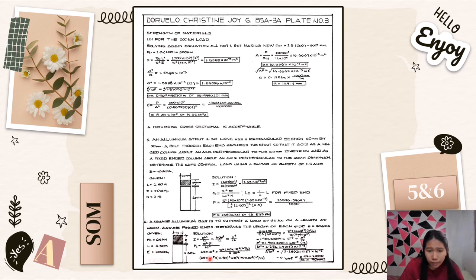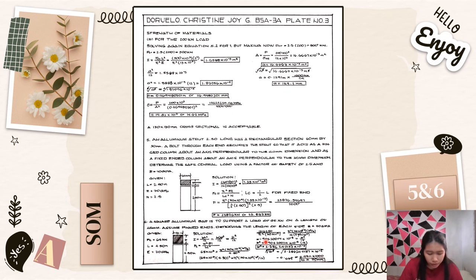So 65 times 10 raised to 3 is equal to pi squared times 70 times 10 raised to 9 times B raised to 4 all over 12 all over 4.50 squared. So 65 times 10 raised to 3 times 4.50 squared is equal to pi squared times 70 times 10 raised to 9 times B raised to 4 all over 12.